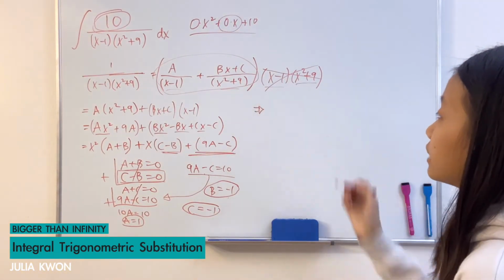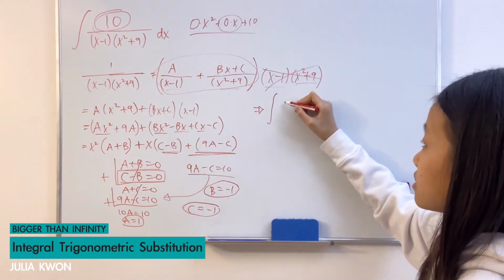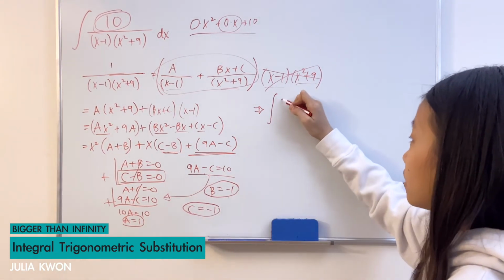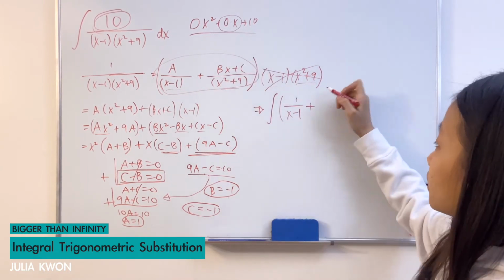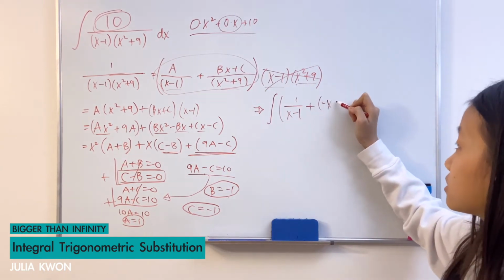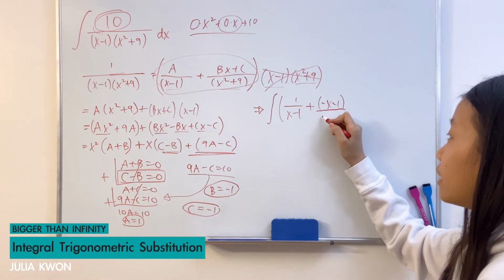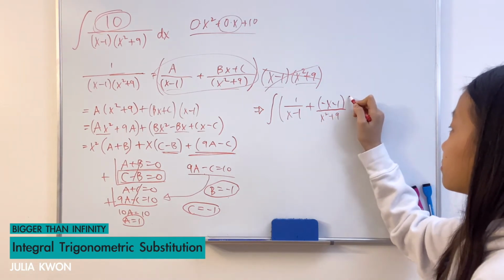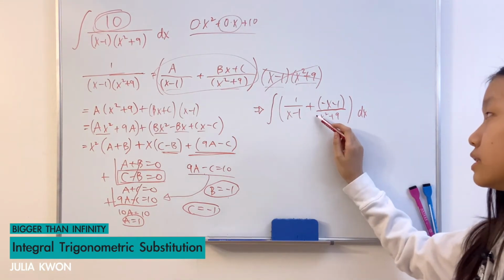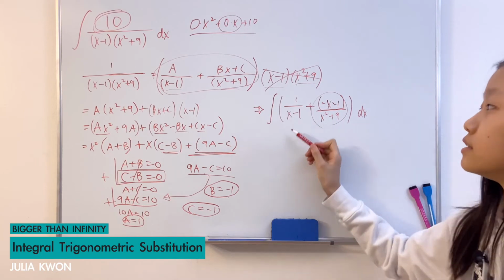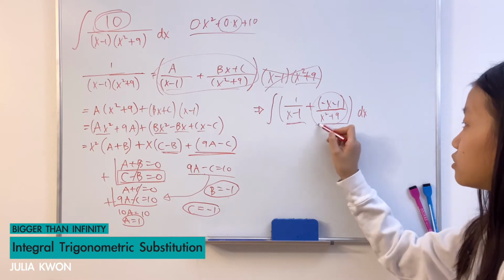Well, that will get us to, of course, we still need the integral, A, which is 1 over (x - 1), plus B, which is negative 1, so negative x, C is equal to negative 1, and divide that by (x² + 9). Well, we still can't just take the integral of this part, right? Well, we can take the integral of this part, which is ln|x - 1|, but we'll have to change this part a little bit.